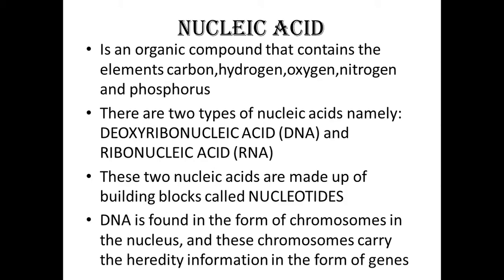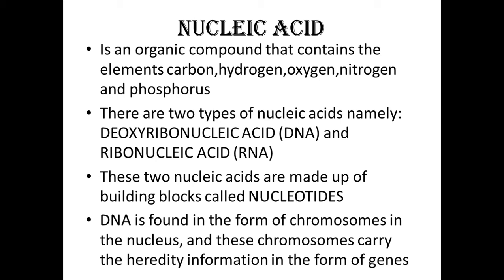Now, nucleic acid. Nucleic acid is an organic compound that contains the elements carbon, oxygen, nitrogen, hydrogen, and phosphate. There are two types of nucleic acid, namely your deoxyribonucleic acid, which is your DNA, and your ribonucleic acid, which is your RNA.